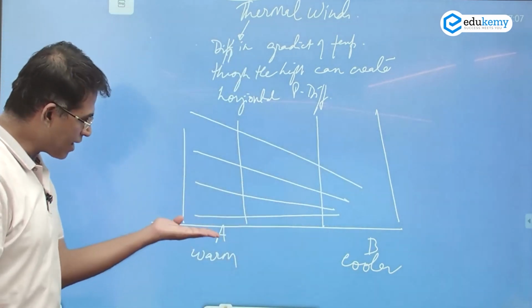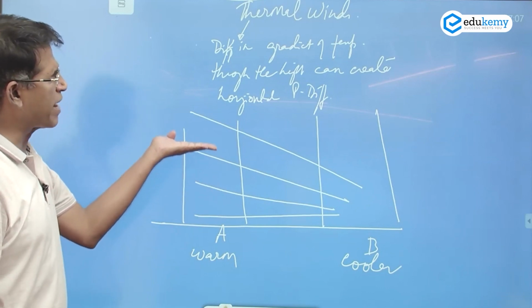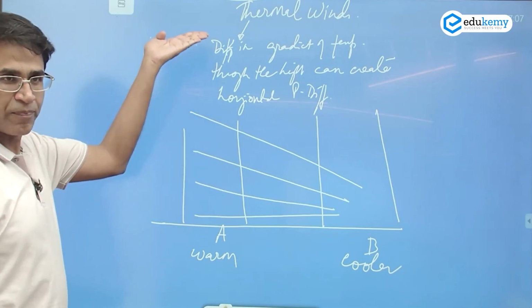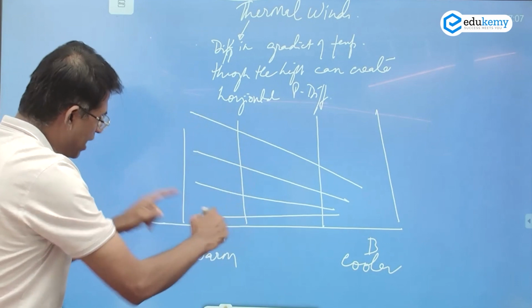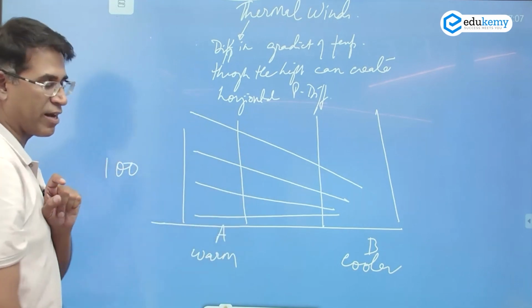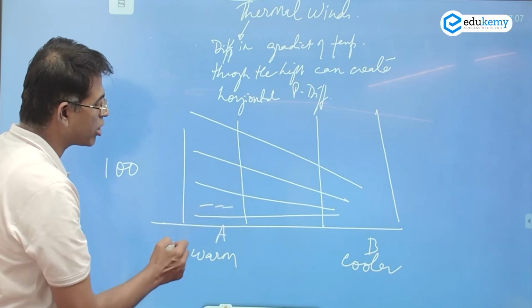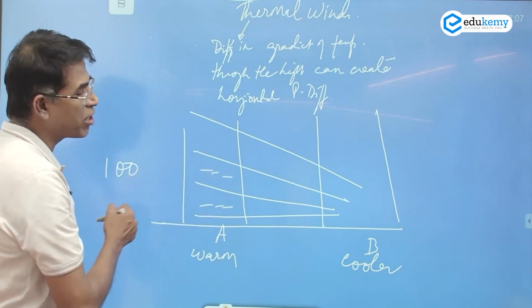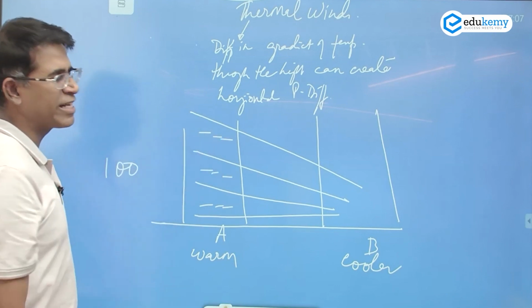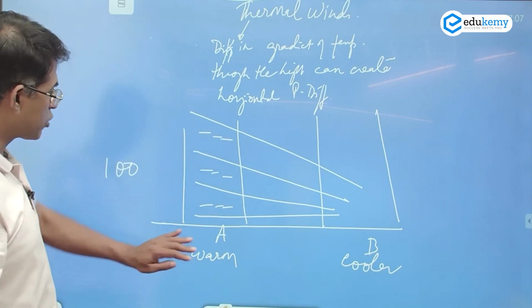Warm air tends to spread in the vertical direction. Think of this box as having 100 molecules of air. So maybe I'll have 20, 30 molecules here, 10, 15 molecules here, and 5 or 6 molecules here. This is cold, warm air.